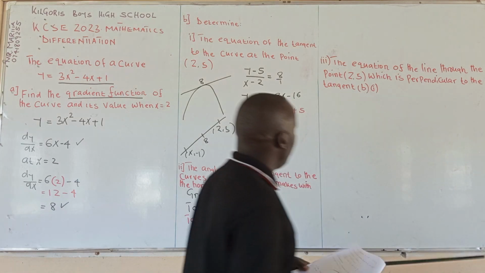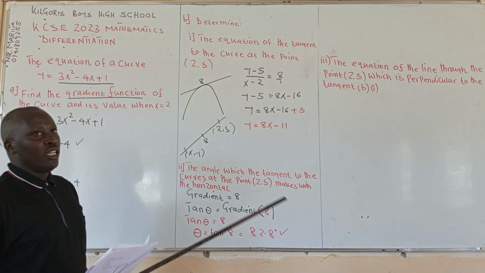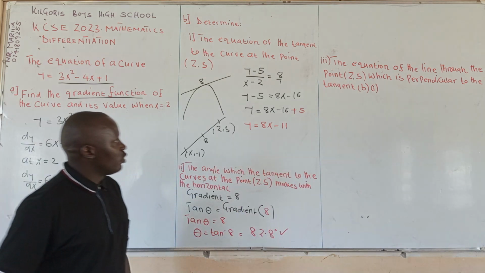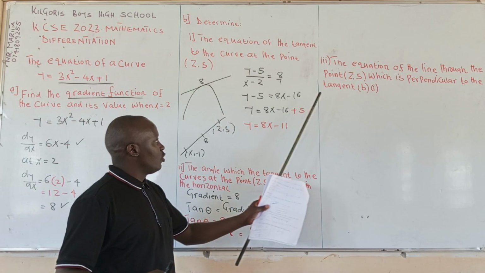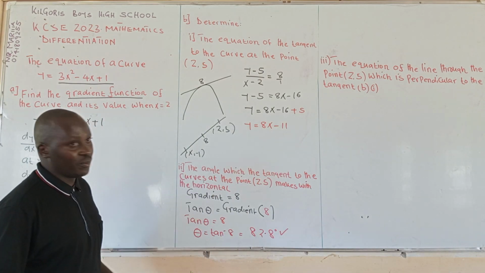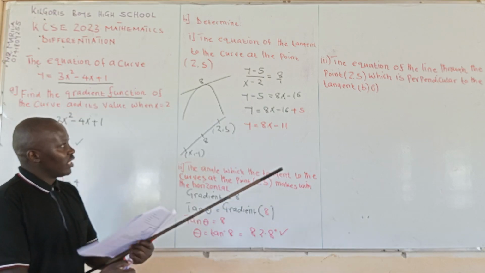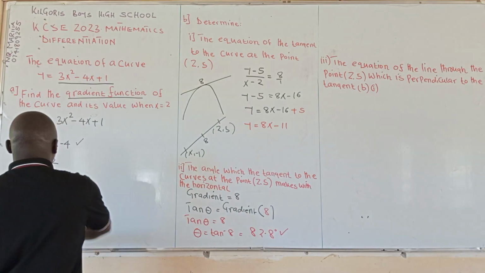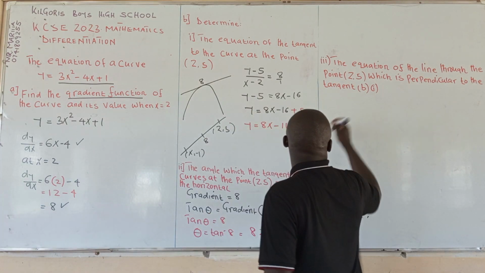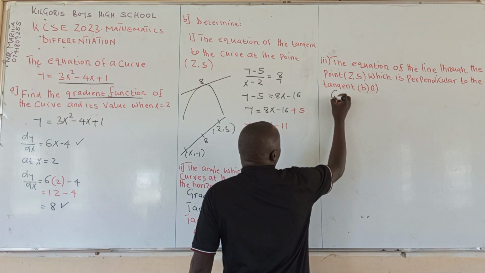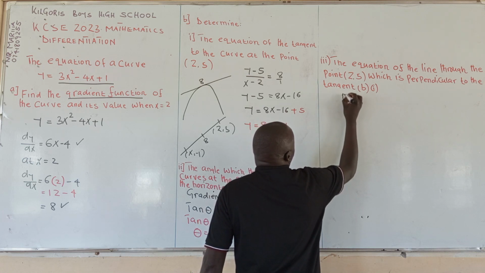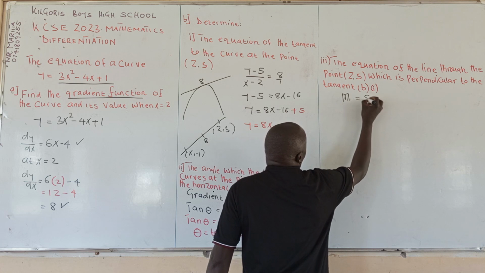Then we have the equation of the line through the point (2,5) which is perpendicular to the tangent. So what you need to understand is that we have the gradient of the tangent, call it gradient M1, so M1 is equal to 8.